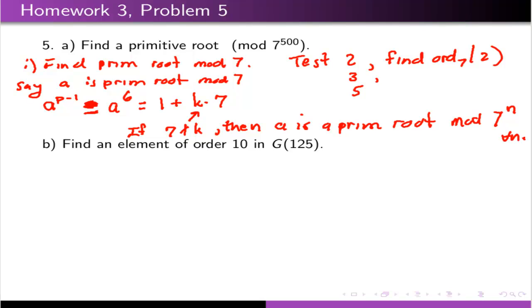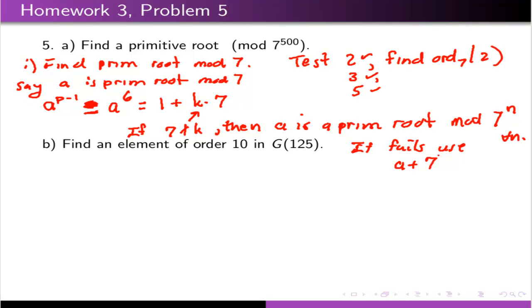Now if 7 does come out to be a divisor of k, you can do two things. You can either go back and find another primitive root in your list, or more simply, you can simply add 7 to A. So if this fails, just use A plus 7 as your primitive root.